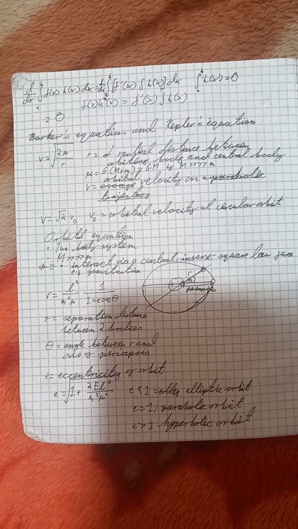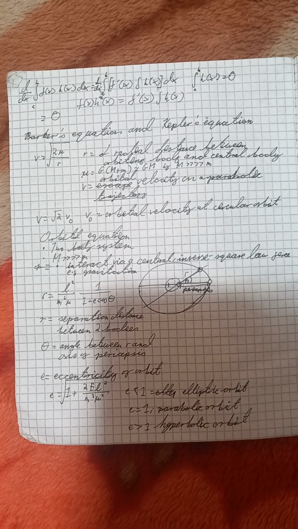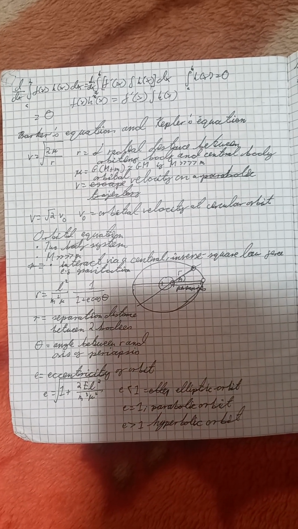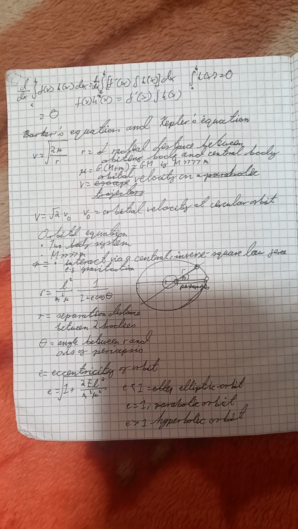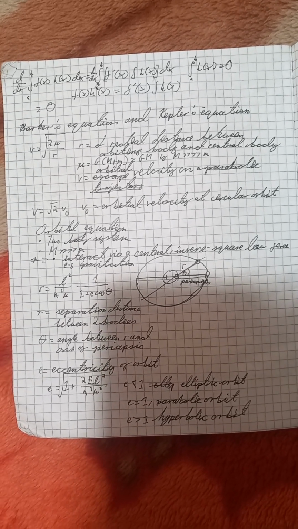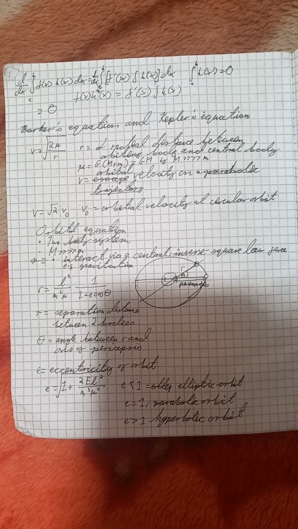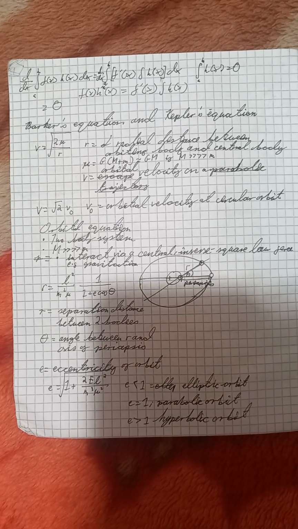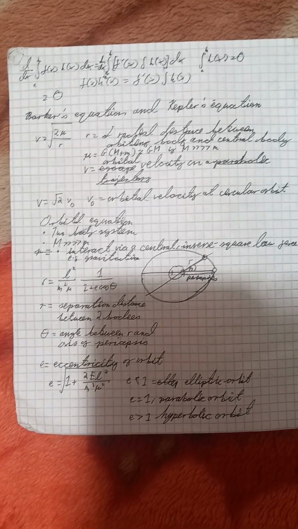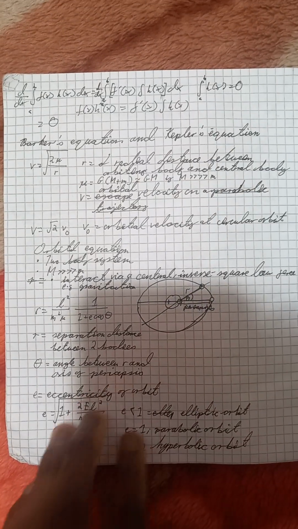In the second equation, we have v equals root 2 times v0, where v0 is going to be the orbital velocity at the circular orbit. But when we go on to specific orbital energy, we're going to prove this. We have other equations, such as for eccentricity, as you can see over here.